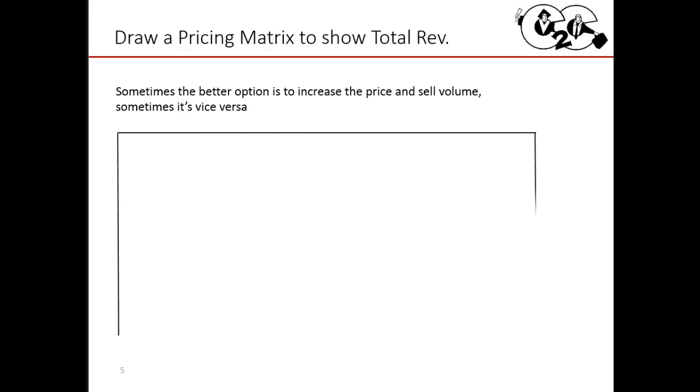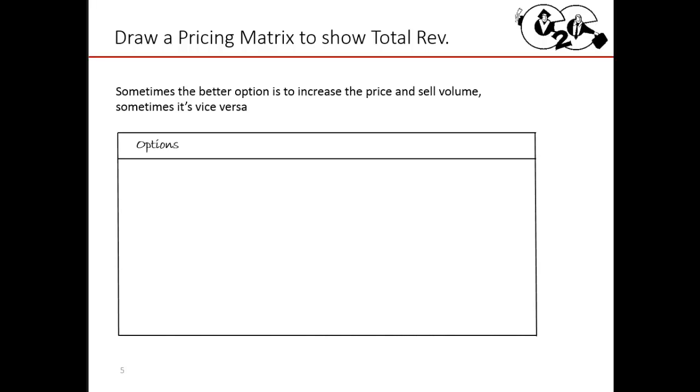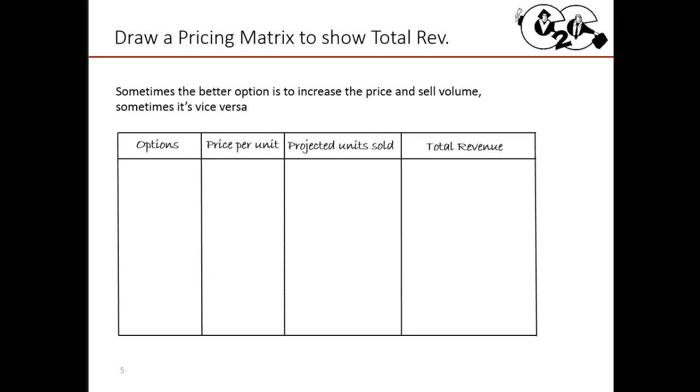And I'm going to draw out a table for elasticity. I'm going to put in the different options of prices, price per unit, how many projected units are expected to be sold, and the total revenue we would get. So what this looks like is this. Option 1, for this product we're looking at, we can price it at $5.